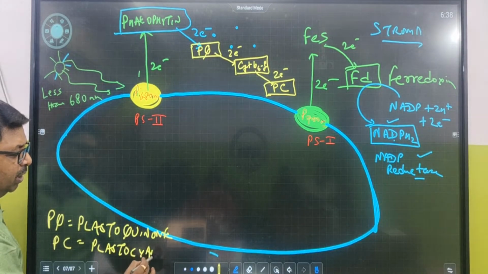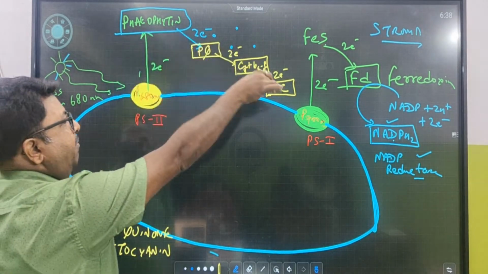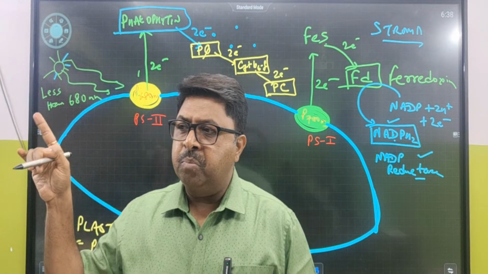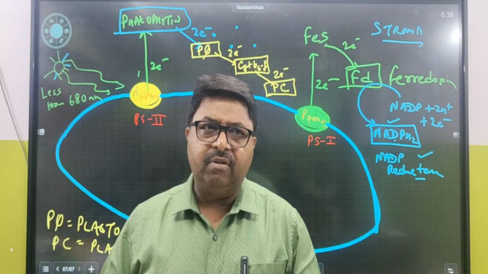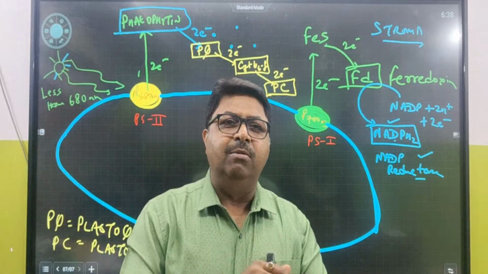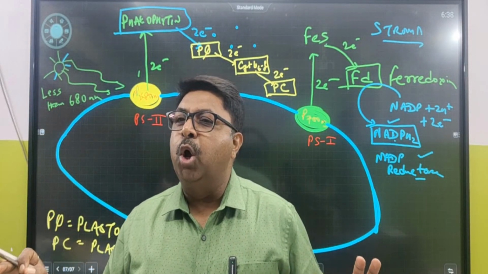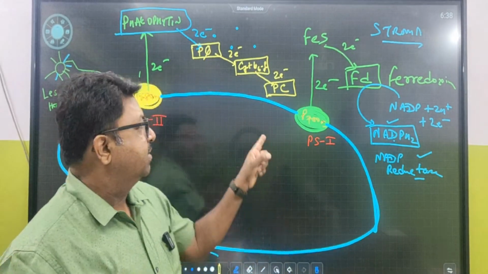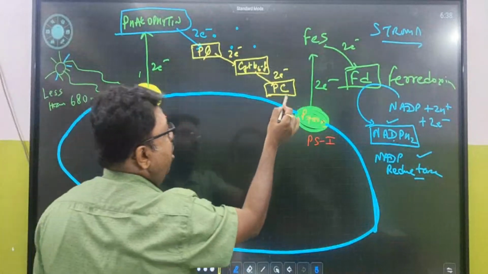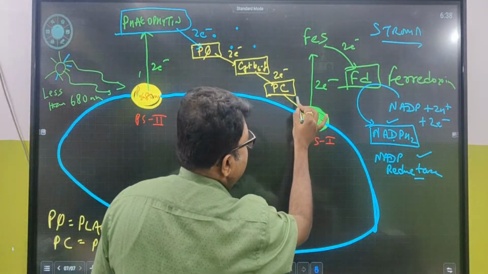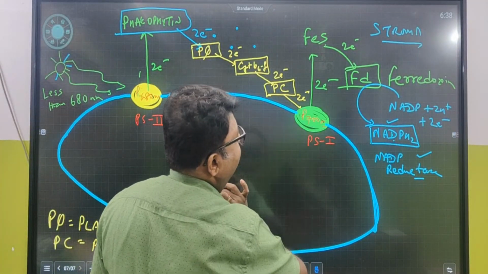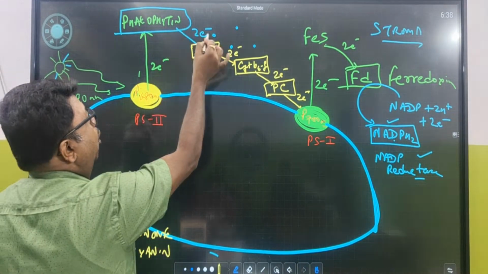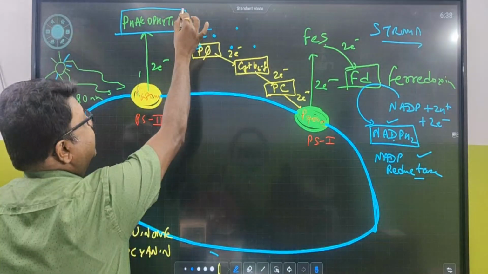What did I call these three? From PS2, downhill, first is plastoquinone, then the cytochrome B6F complex, and then plastocyanin. This electron comes back to PS1. Fine? Clear?